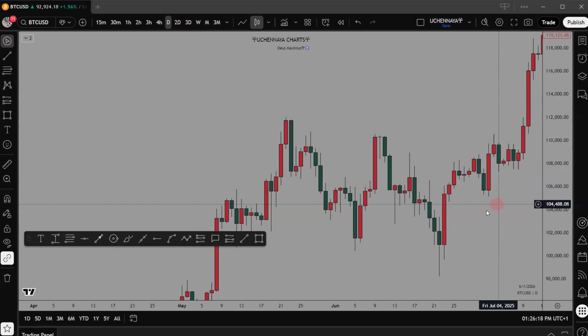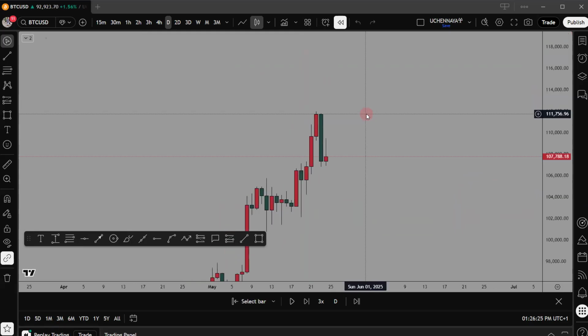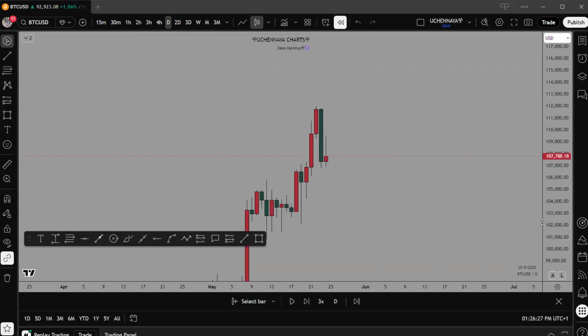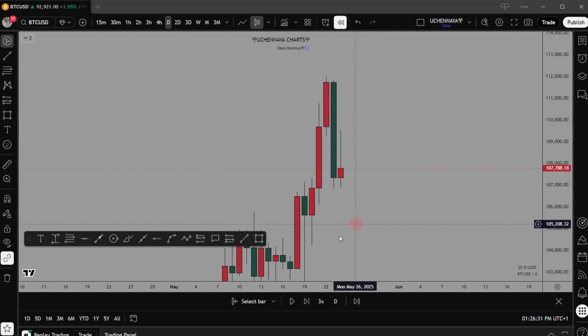Okay. Now let's look at this. This is just an example. Okay, now this is a key level, correct? Or let's just use this level here.